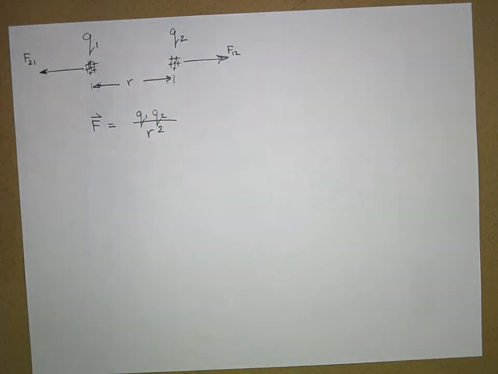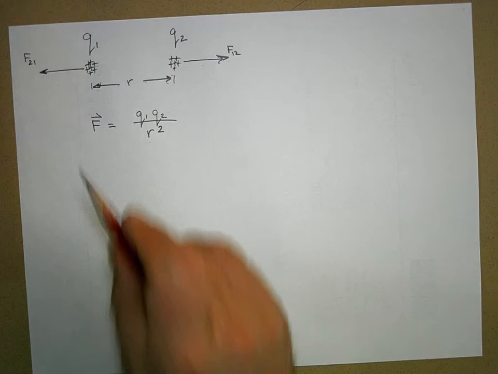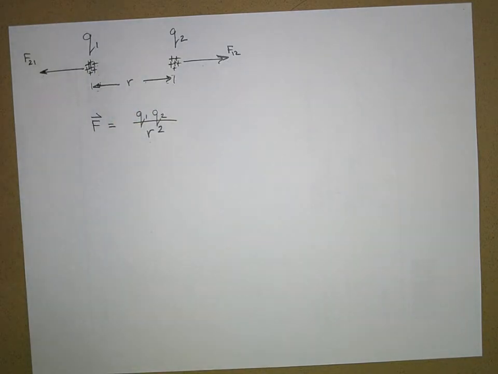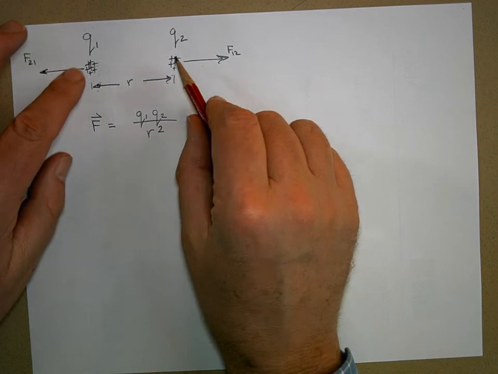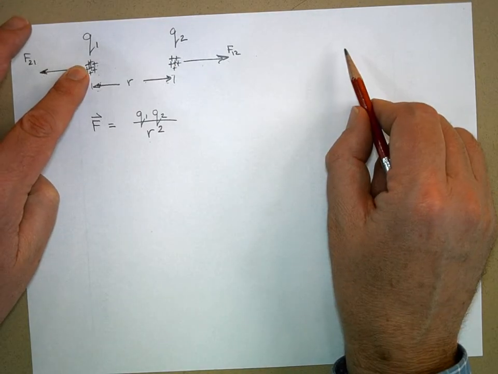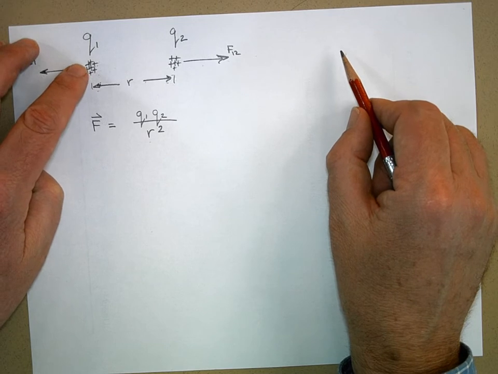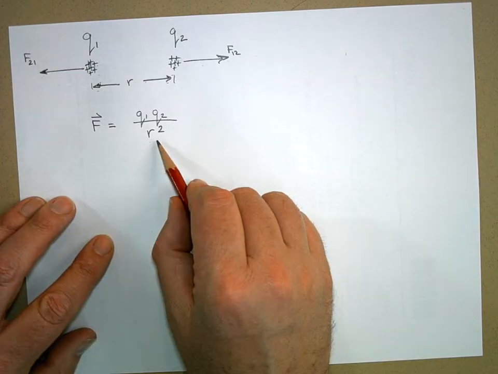That is, he noticed that if he doubled the distance between the two charges, the force was only 1/4 as big. If he made the distance three times farther away, the force is only 1/9 as big. So the force decreased by the square of the distance.